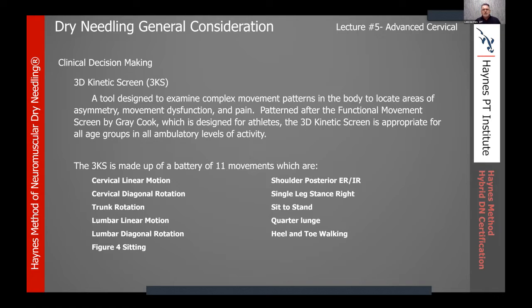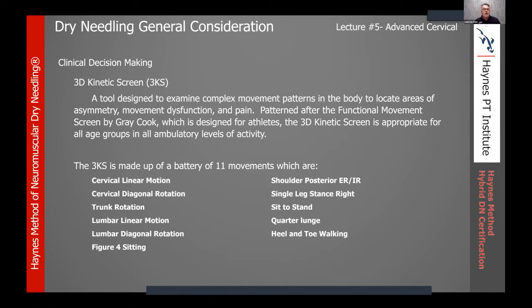I've changed the movements that I look at, especially when we're dealing with a dry needling approach. And so the 3KS is made up of a battery of 11 movements, and they are cervical linear motion, cervical diagonal rotation, and trunk rotation, and those three, in a moment we'll see, are the three that apply specifically to the cervical spine.